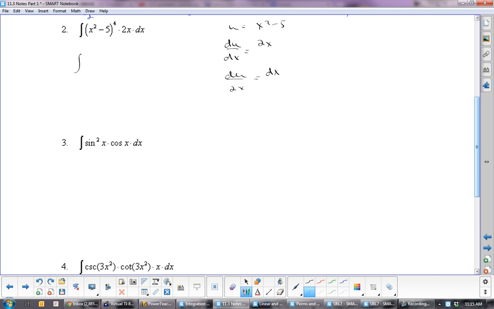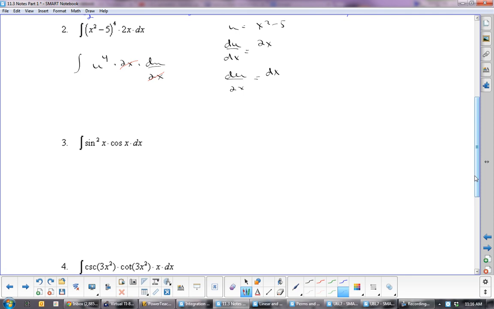Okay, so then we do u to the 4 times 2x times du over 2x. See, right there, you're seeing a little part of the old way, right? We're still dividing by the derivative. Okay, this cancels. Okay, then I have u to the 4 du.